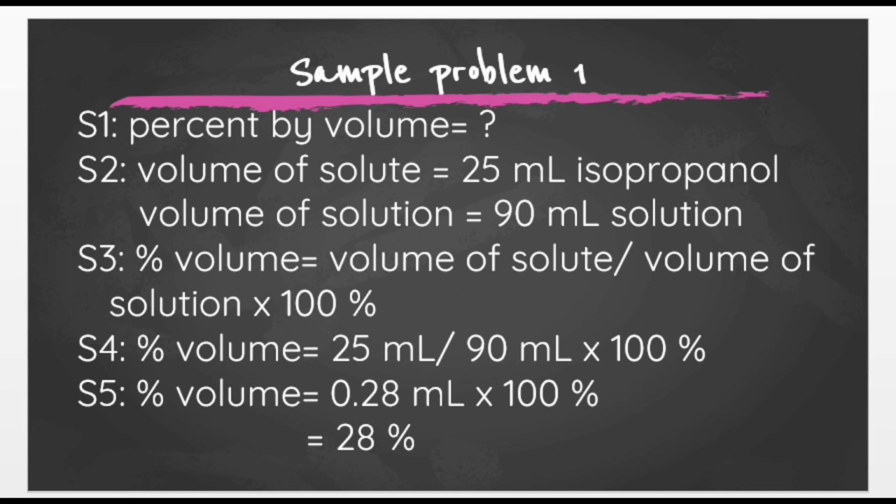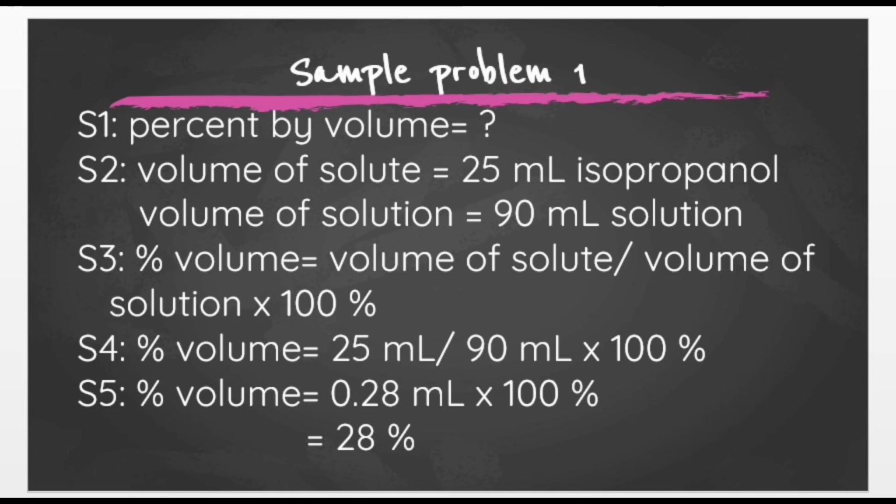So, ang gipangita sa problem is percent by volume, and then the given are volume of solute, which is 25 ml isopropanol, and then volume of solution is 90 ml solution. Then, the formula again is percent by volume is equal to volume of solute over volume of solution times 100%.